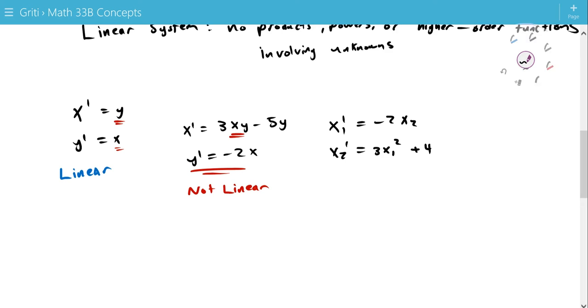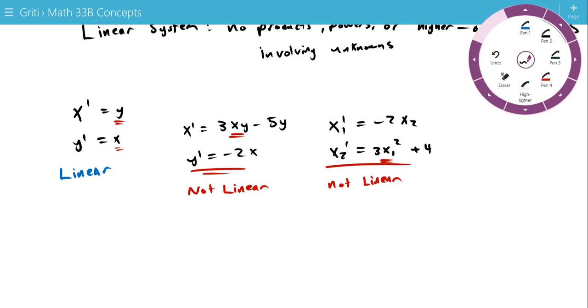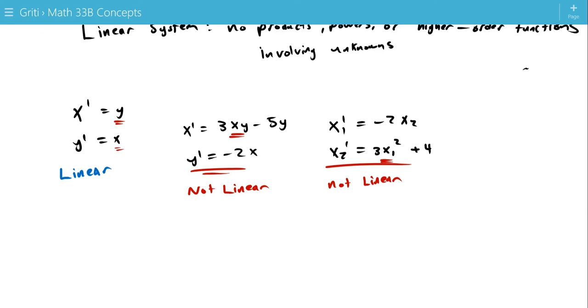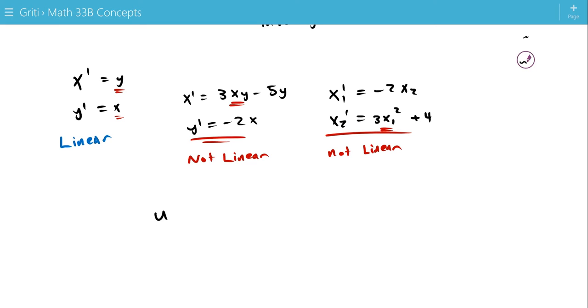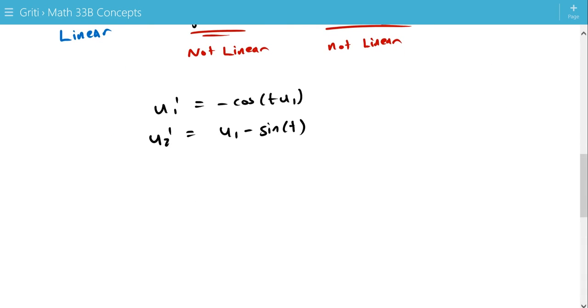So this is not linear because x1 is being taken to a power. And if we have this system, u1 prime equals negative cosine t u1, and u2 prime equals u1 minus sine t, this is also not linear.